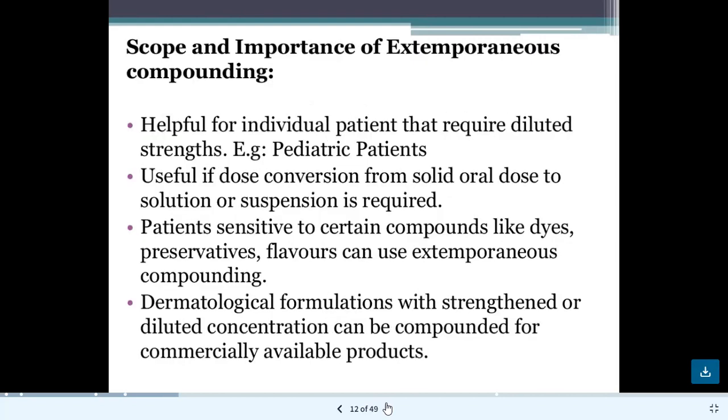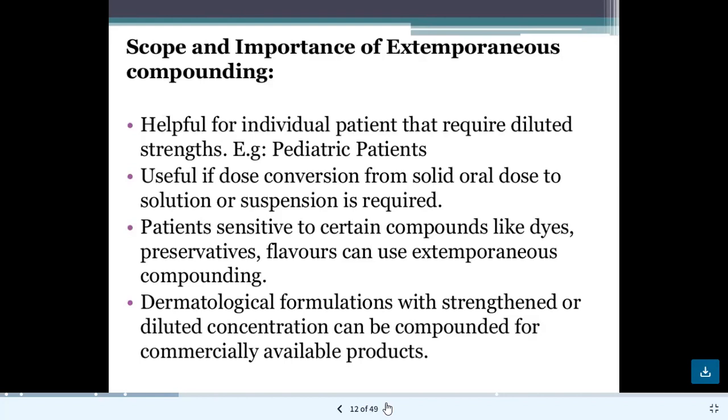Scope and importance of extemporaneous compounding. Helpful for individual patients that require diluted strength, example, pediatric patients. Useful if dose conversion from solid oral dose to solution or suspension is required.